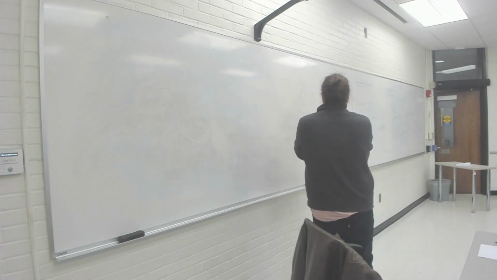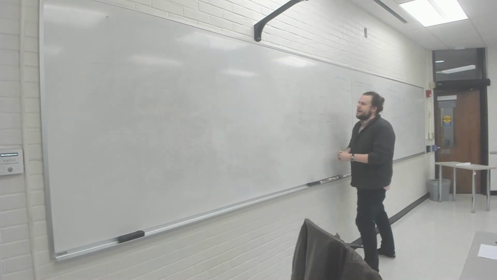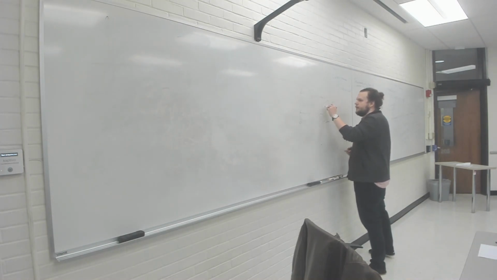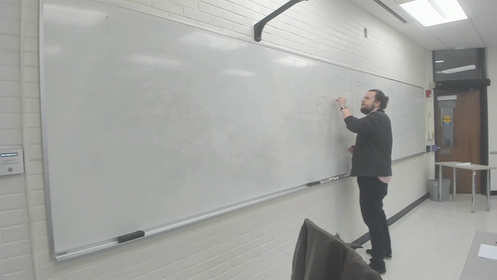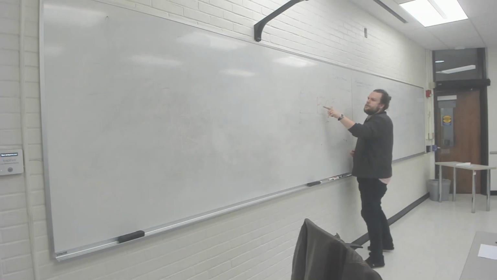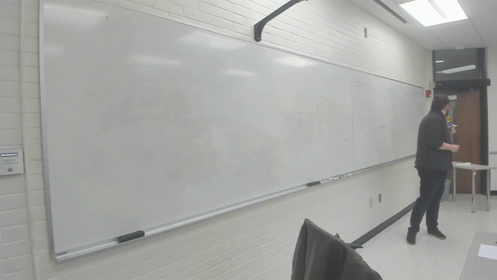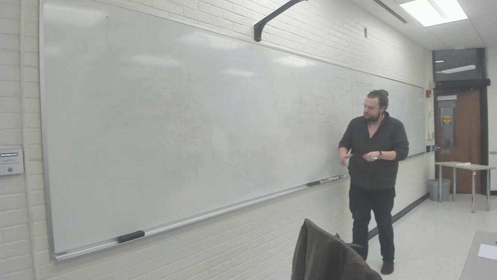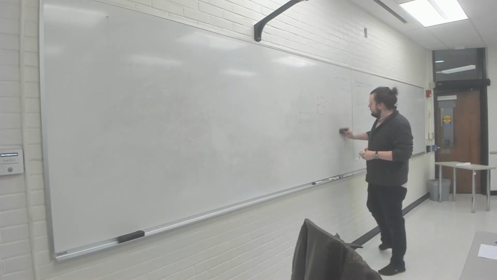Okay, like that. And we shine light at it such that the frequency is resonant. The frequency of the light is resonant with the energy difference of that system, or the wavelength is resonant with the energy difference of the system.